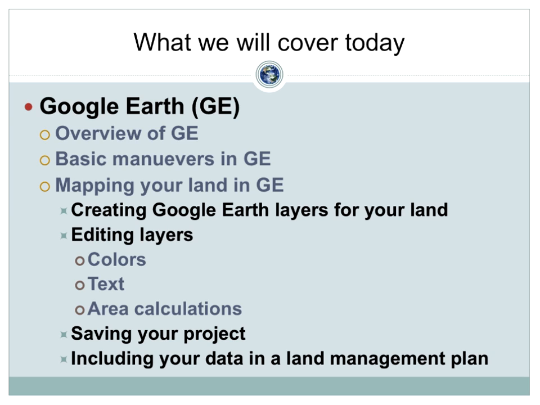There's a number of different ways of doing it, but we'll take a look at a free website that allows us to do area calculations with Google Earth files. Saving your project is very important, and then how you can go ahead and share your information, including being able to copy and paste your data into something like a forest management plan.